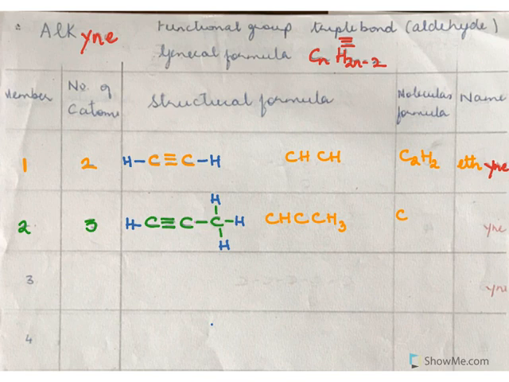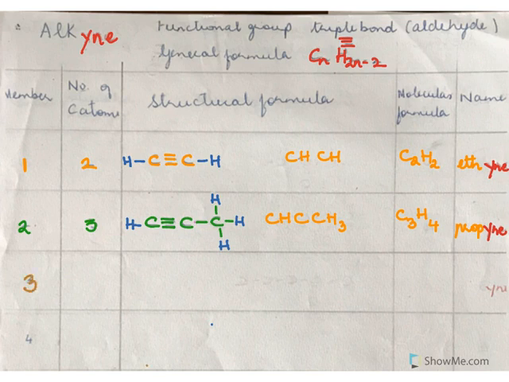So the formula C3H2n minus 2, so that is 4. And since it is 3 carbon, it will be propyne, YNE. Prop means 3 carbon, YNE, propyne, 3 carbon with triple bond.